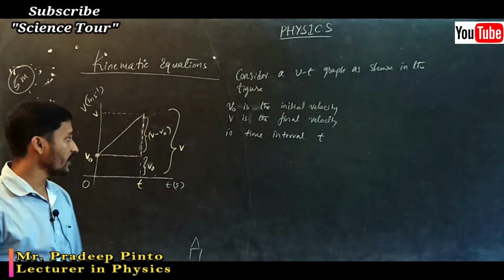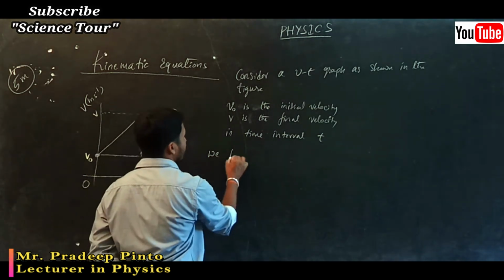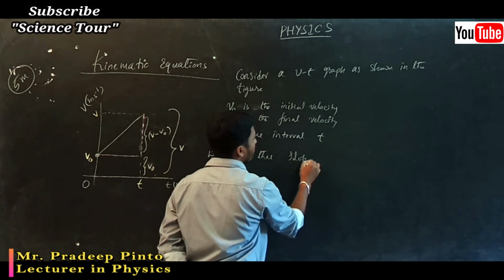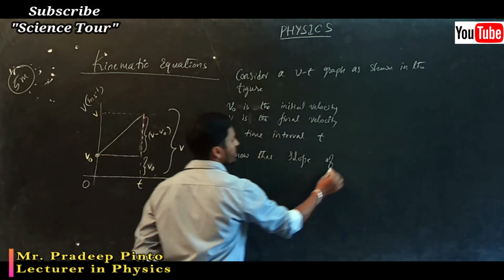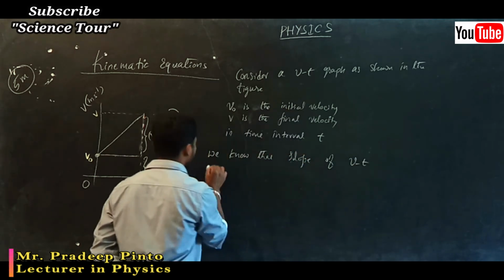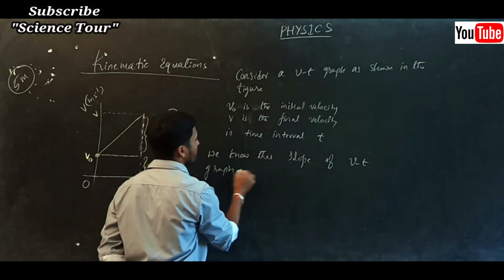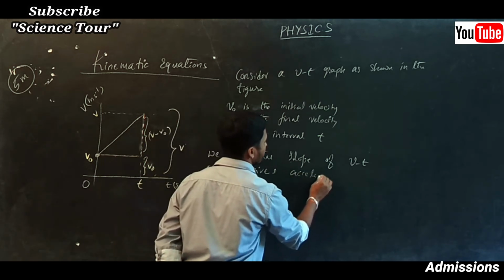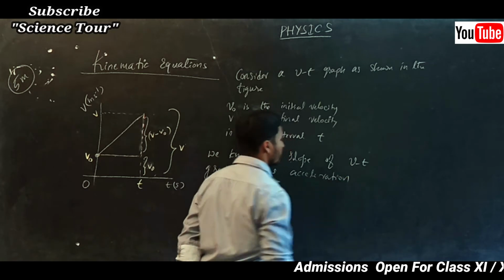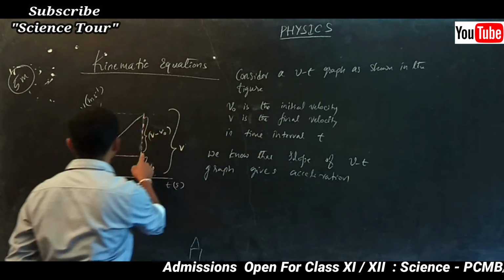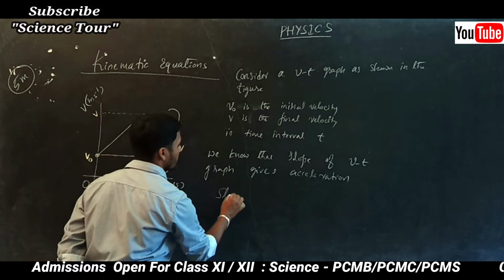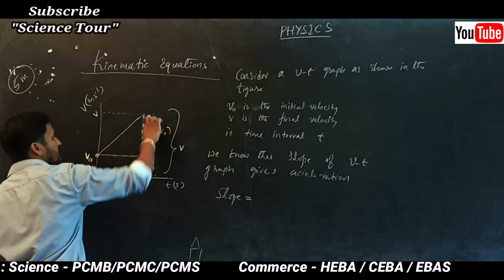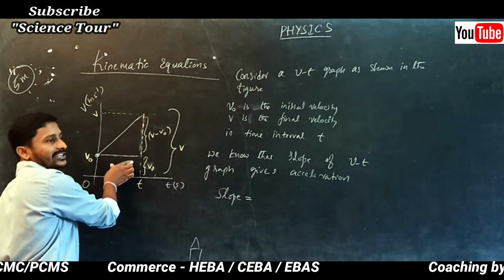Okay, but what we know is that the slope of a Vt graph gives acceleration. So how can I find out acceleration? The slope is nothing but, in this triangle, y by x, the same way we have calculated the slope.